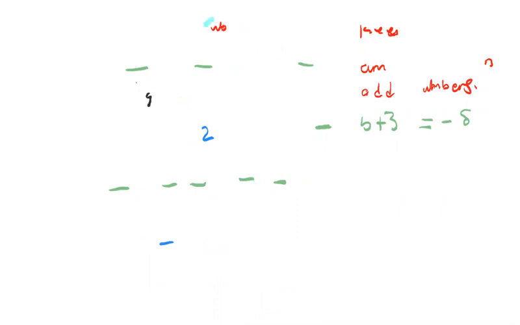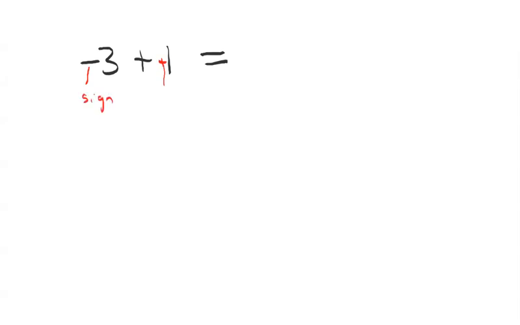So when the signs are different, like -3 plus 1, we can tell that the sign is negative, while the sign for 1 is a +1. So the signs are different. And we have the numbers. The numbers are 1 and 3.